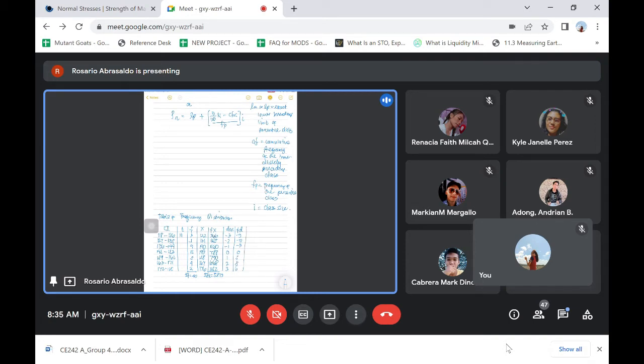We have also here the cumulative frequency. Since we arranged the data in ascending order, starting from the smallest: 3, 8, 17, 29, 34, 38, 40.